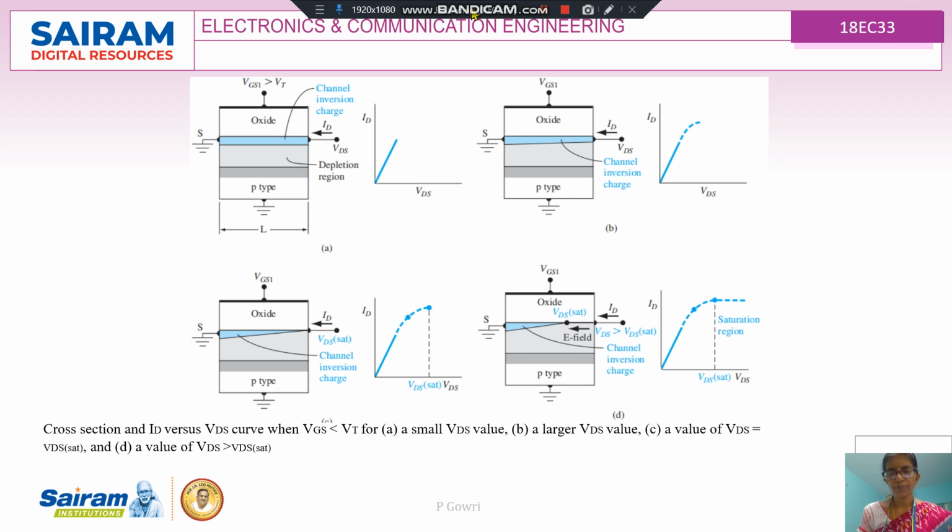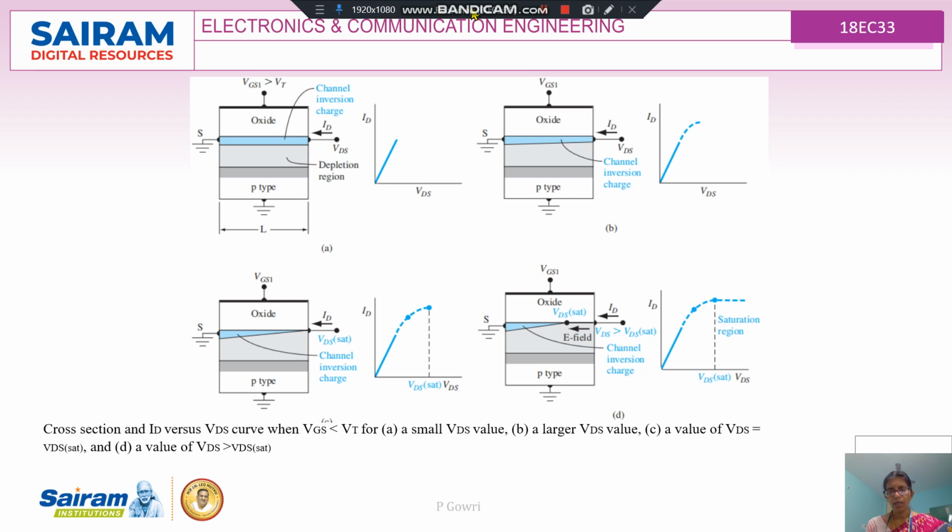And if I still increase my drain voltage, at a larger VDS we can see that the pinch-off point occurs. The pinch-off point is the point at which the channel gets narrower and almost touches the drain region, and because of that the device starts entering the saturation region.